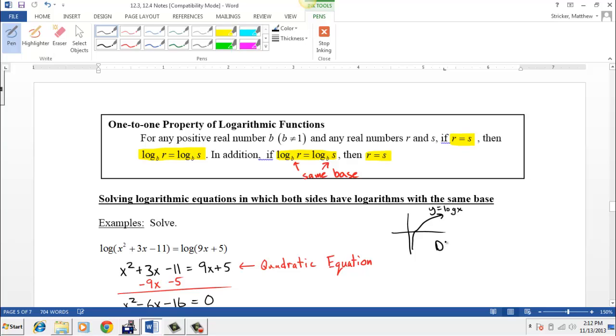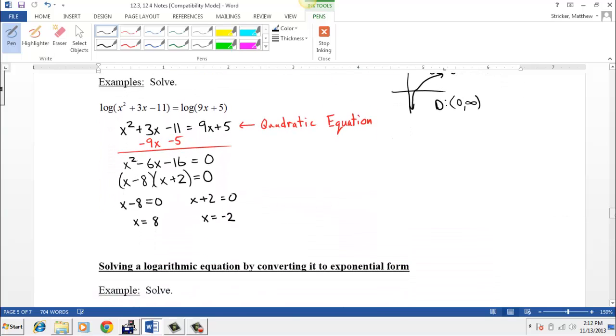The domain was everything from 0 to infinity. There was this vertical asymptote here. So you can't take the log of a negative, so we need to check for extraneous answers. In this case, I can't use negative 2. This is extraneous.